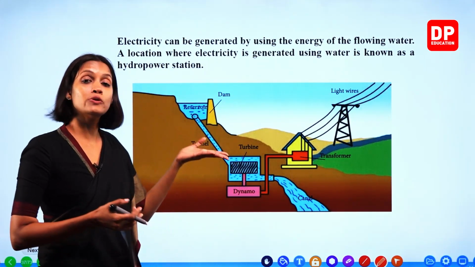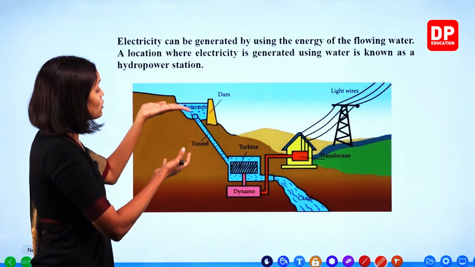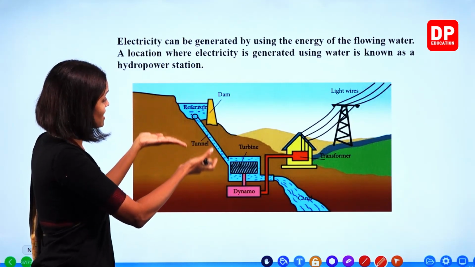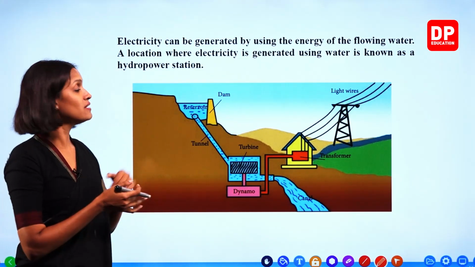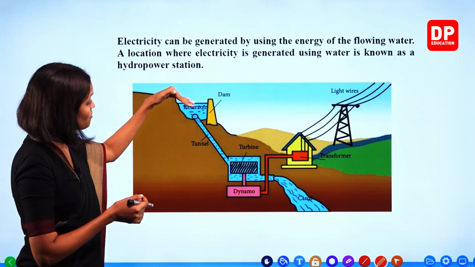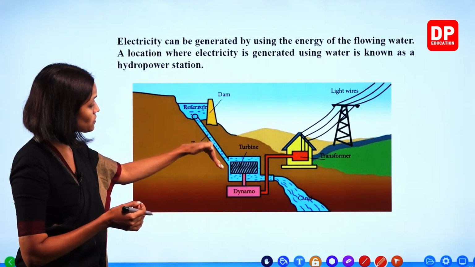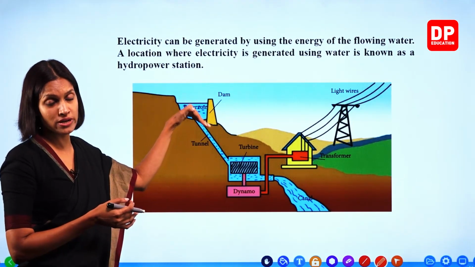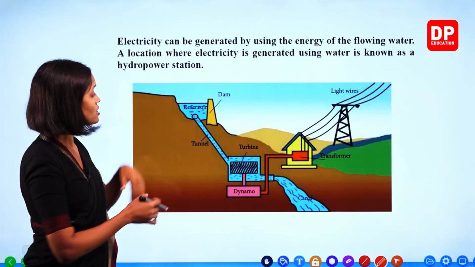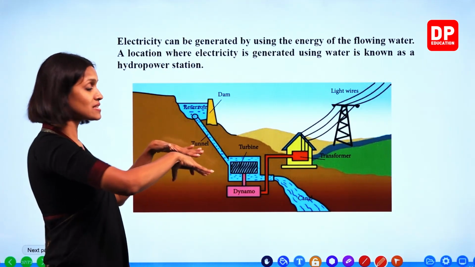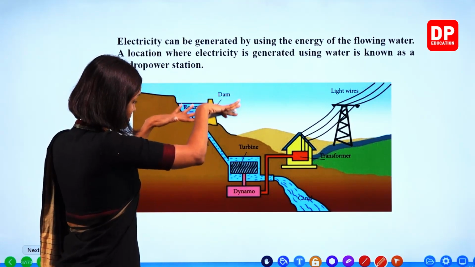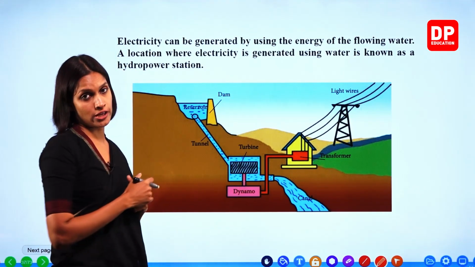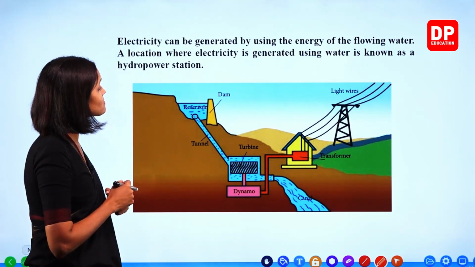So this is the reservoir. From the reservoir, water flows towards the hydropower plant. The power plant is always built below the reservoir, right children?